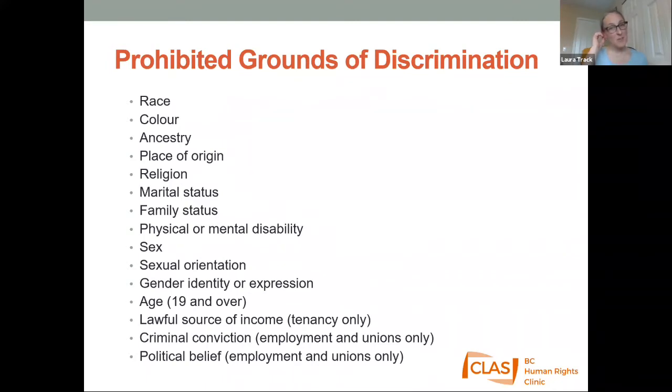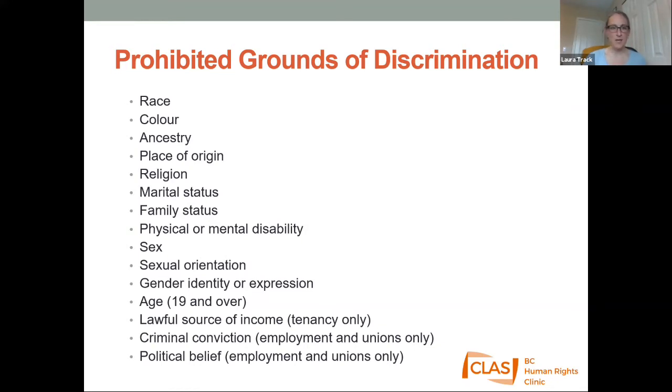The next part of the complaint form is where you list what happened in terms of how you were discriminated against, which of your protected characteristics were at issue in the discrimination. So protected characteristics or prohibited grounds of discrimination are the parts of our identities, of who we are, that are protected from discrimination.